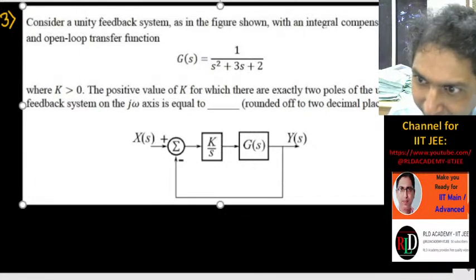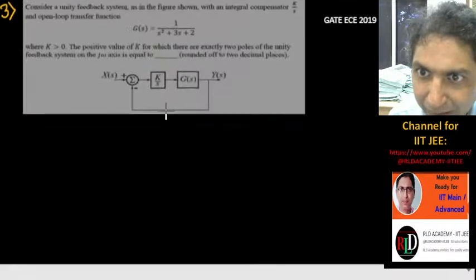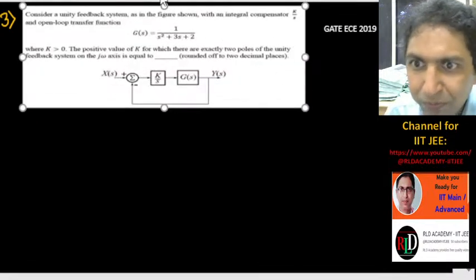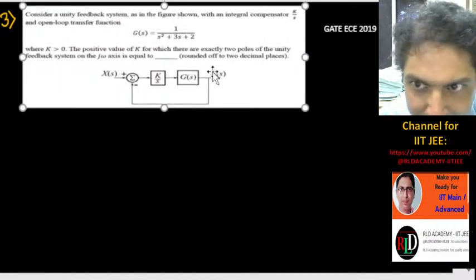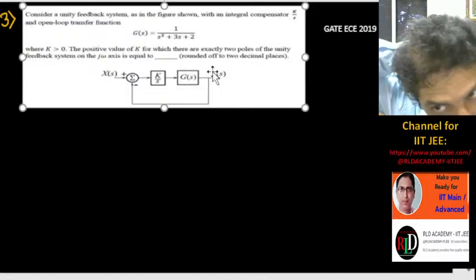So the same idea, we can use the Routh-Hurwitz criterion. It's not difficult. Can you solve this? I'll wait a little bit. Can anybody try?